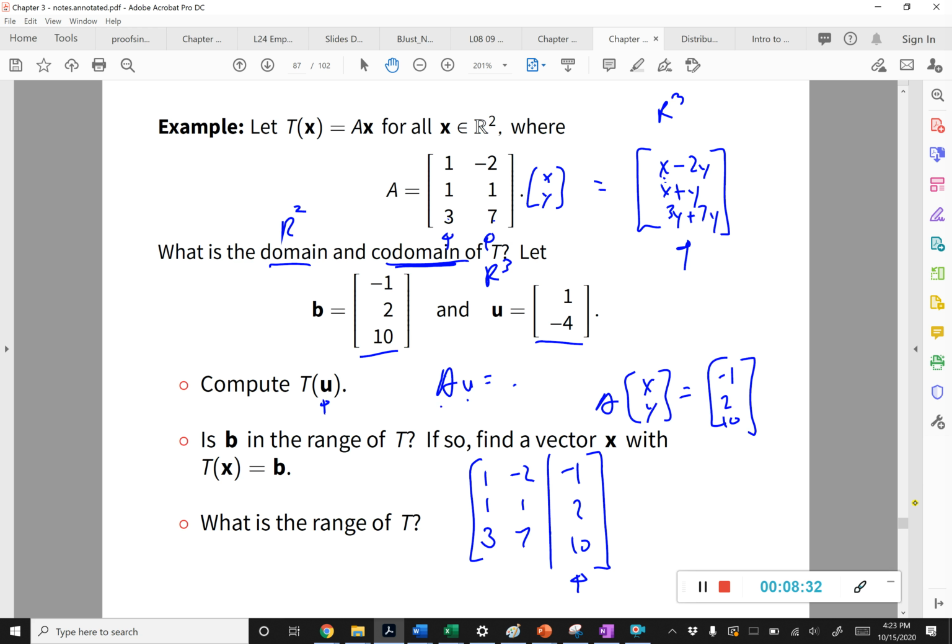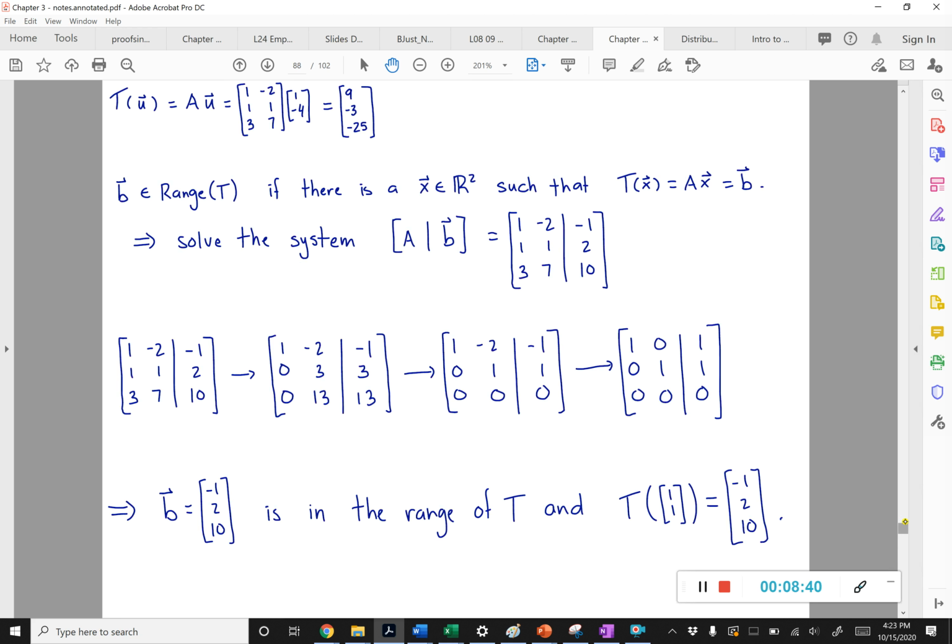So the range of T, that's going to be the span of these two things. And this is the way we worked out these last problems. This is someone else's work that has much neater handwriting than mine.